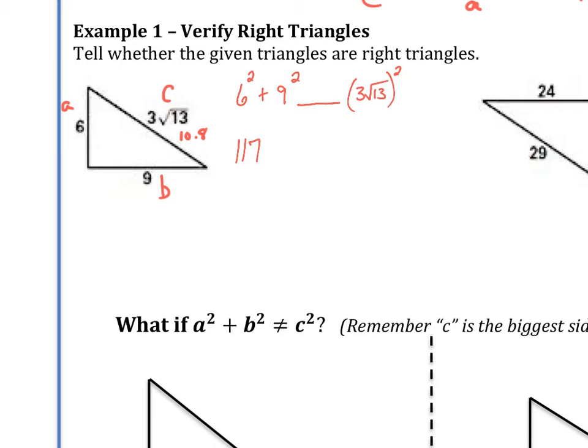So you type 3 times the square root of 13 in parentheses, and then you would have to square it. And 3 times the square root of 13 squared is also 117. So these are equal. So since they're equal, is this a right triangle? Yes, because a squared plus b squared equals c squared.